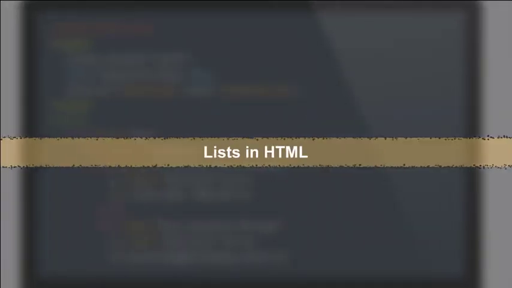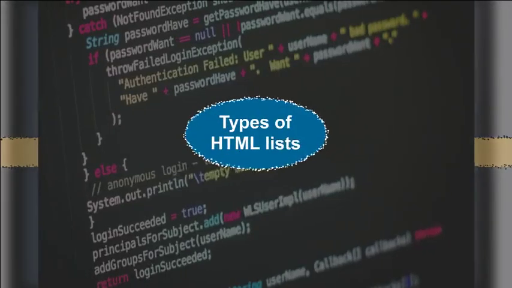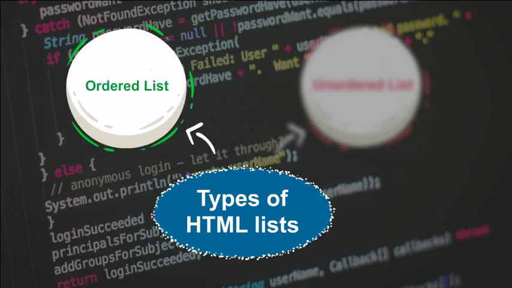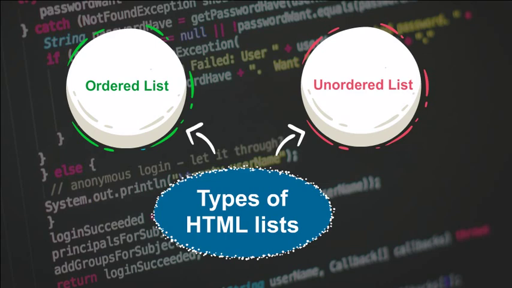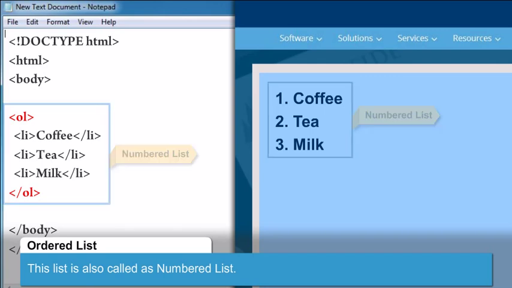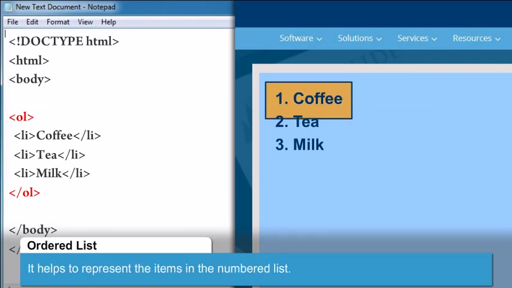Lists in HTML. There are 2 types of lists we use in HTML: ordered list and unordered list. Ordered list. This list is also called a numbered list. It helps to represent the items in a numbered list.